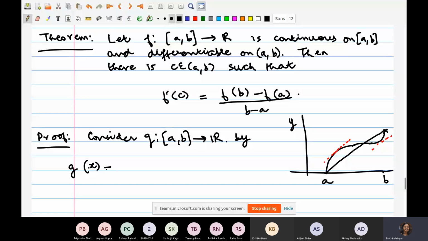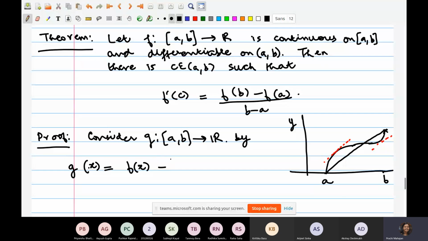I will define g as the difference of f(x) and L(x), where L(x) is the function defining this chord joining the 2 points (a, f(a)) and (b, f(b)).